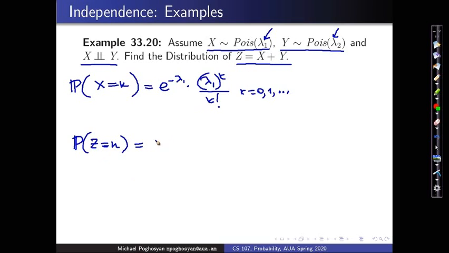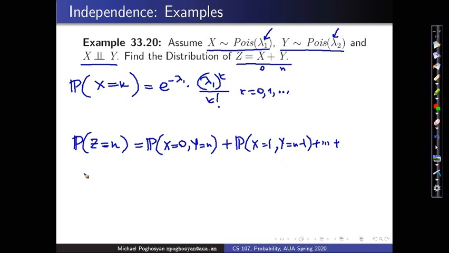So z is n means either x is 0 and y is n, so the sum will be n, or maybe x is 1 and y is n minus 1, plus etc. So here I'm writing that convolution, in fact.